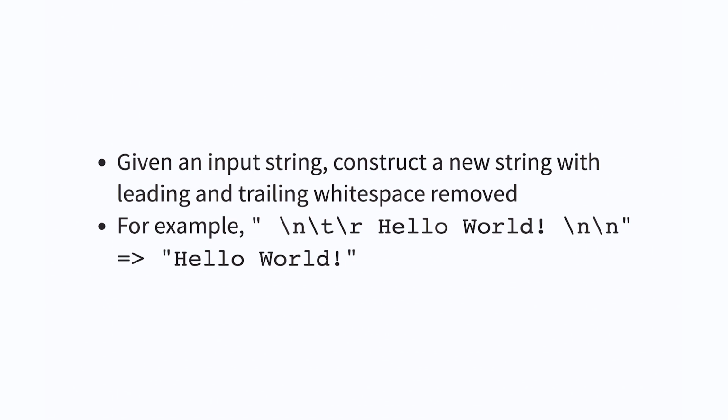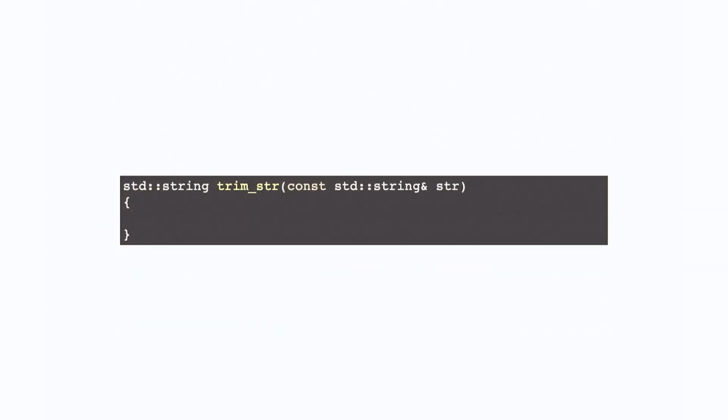So we're going to use ranges to do this. We're going to start off with just an empty function. This is the function we want to write, we want to fill in. So we're just taking a const reference to a string, and returning a new string as we were asked. The way we're going to do this is we're going to break the problem down into 2 parts.